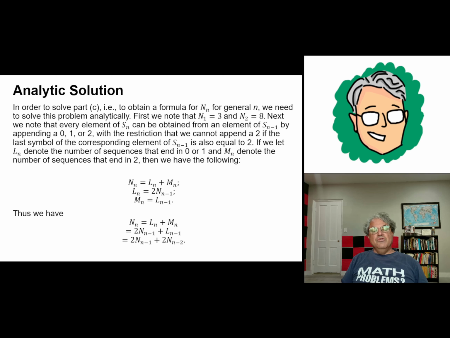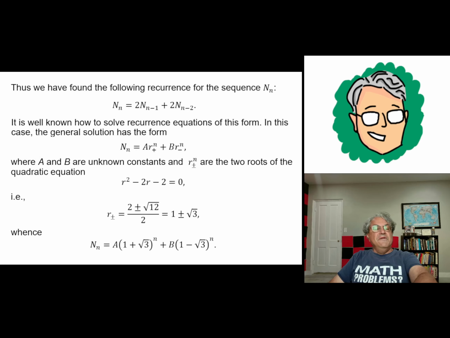We get 2 capital N sub n minus 1 plus 2 capital N sub n minus 2. So we just derived a recurrence formula for the sequence capital N sub n. Here it is. Capital N sub n is 2 capital N sub n minus 1 plus 2 capital N sub n minus 2.